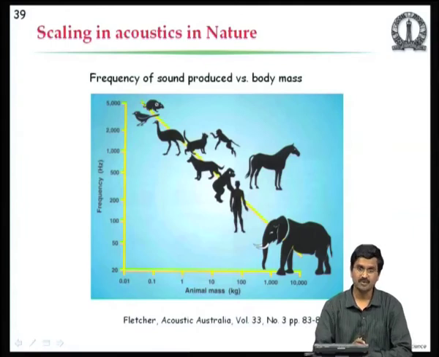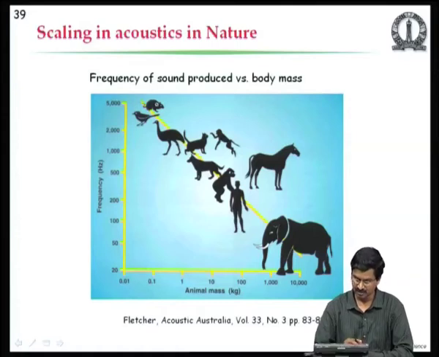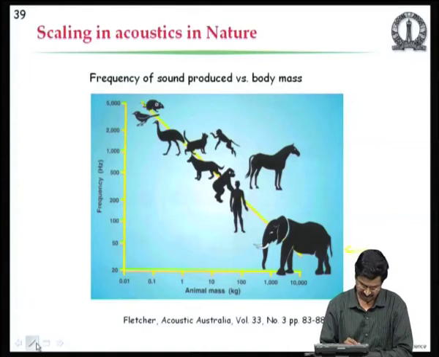Now, when we go to acoustics, there is again a lot of scaling, and the way microphones are designed, one has to keep in mind that as you make microphones or micro machined microphones, we have to keep the frequencies and other things in mind. So, you see that the elephant trumpeting will be very different from a mouse chirping or a bird chirping.